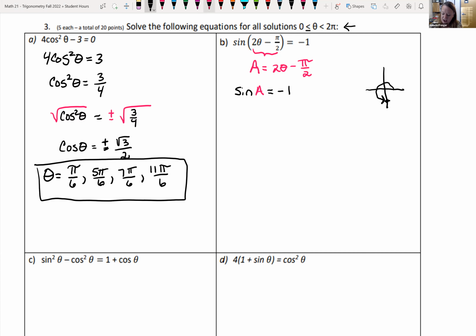So I know my value of a that would give me back -1 for sine is 3pi/2. But a was 2 theta minus pi/2. So we want to look at when is 2 theta minus pi/2 equals 3pi/2.